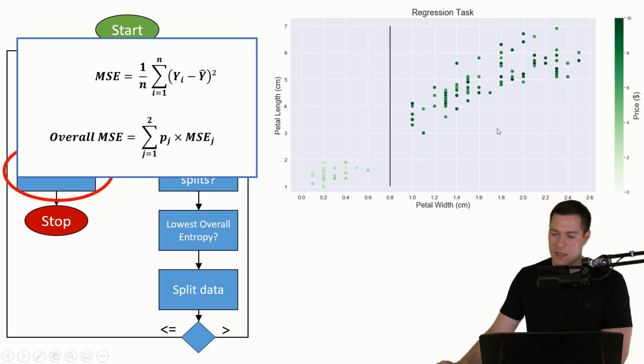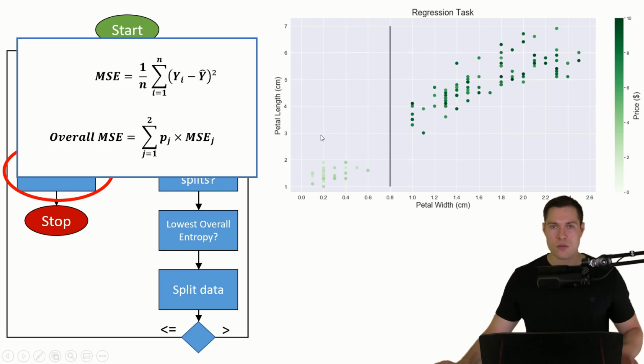And here you can see that there are only flowers with a generally high price on the right side. So the average price of all those flowers here is going to be a relatively good representation for those flowers in general. So none of those flowers here is going to be very far away from our prediction, so from the average. So therefore, the error is going to be relatively small for each of those dots.